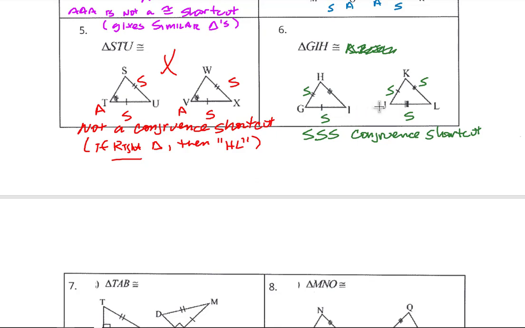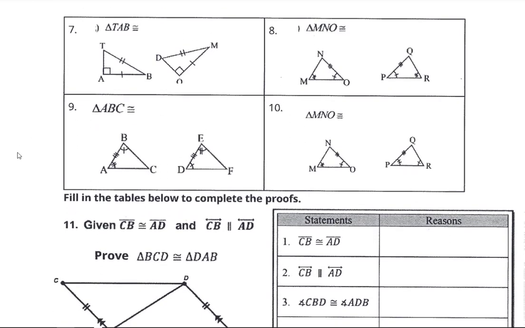So let's see, G to H is 2 marks, so we've got to go K to L for the 2 marks, and then from I to H, so we have to name it KJL.